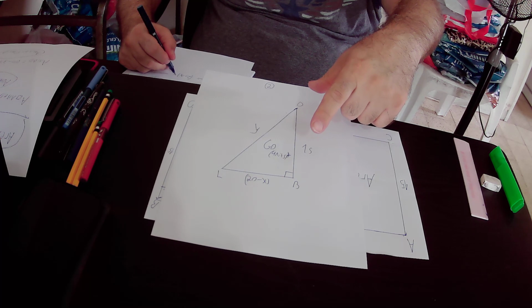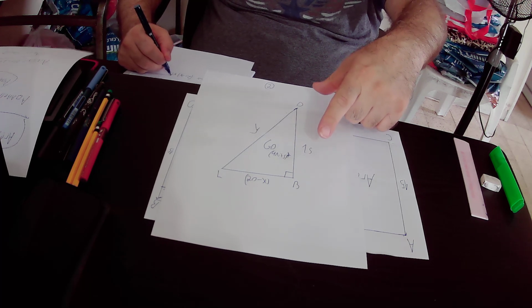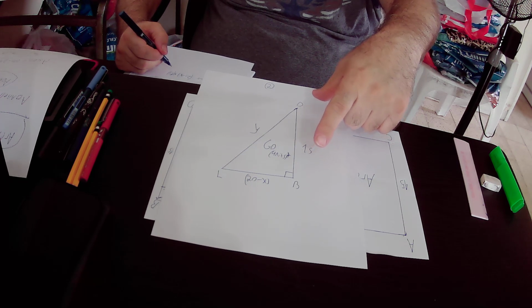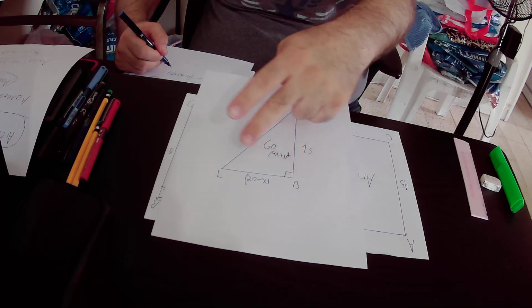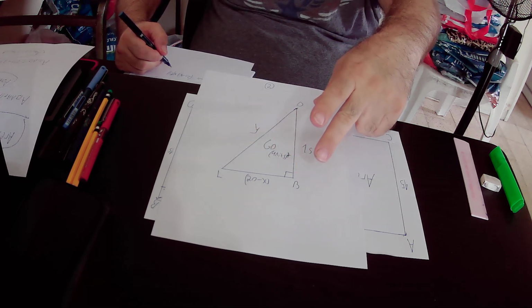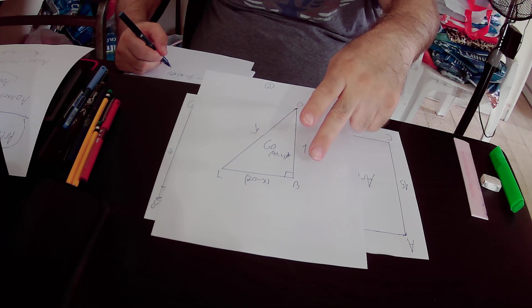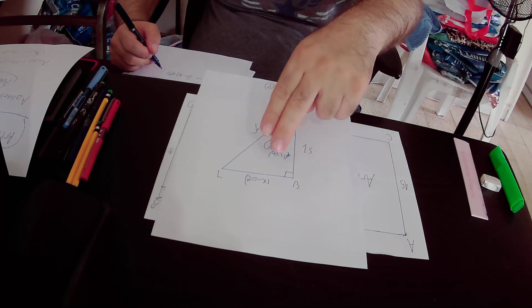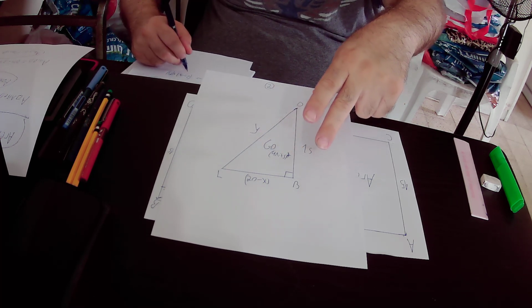The height is 15 because the height BD that is 15 is perpendicular to the base LB, so the height of this right triangle is 15 units. So it is 20 minus x, the base, times the height that is 15, over 2.